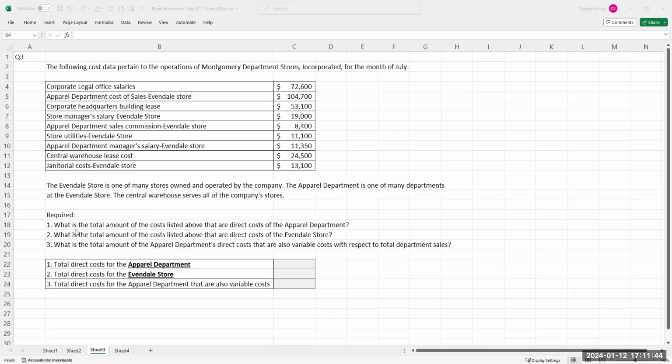So required 1, what is the total amount of the costs listed above that are direct costs to the apparel department? Remember, the Avondale store is like the whole building, and the apparel department is just a part of that whole store. So that is our cost object, the apparel department.